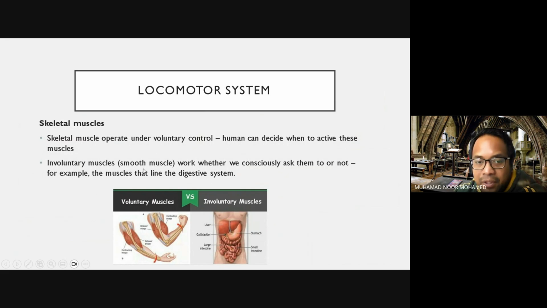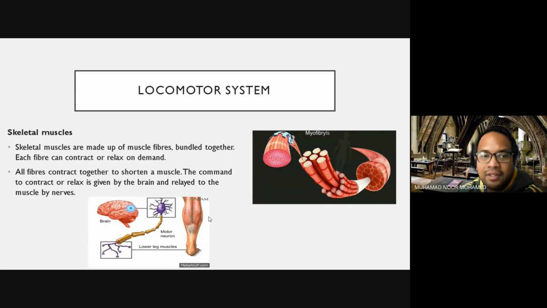If you are unable to differentiate, most of the time when we talk about smooth muscle, it is actually muscles that have cavity inside it, meaning it has some sort of area within it, organ lah. Okay, we can say that the organ is actually part of our involuntary muscle, where most of the movement is not being controlled by our sympathetic system, but it is being controlled by our parasympathetic system, meaning that most of the work being done is actually autonomous, involuntary. Okay, that is skeletal muscle, right?